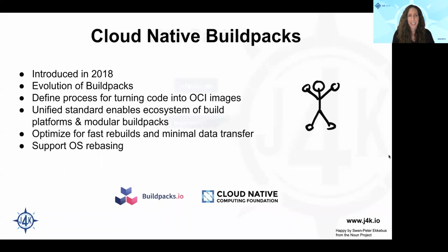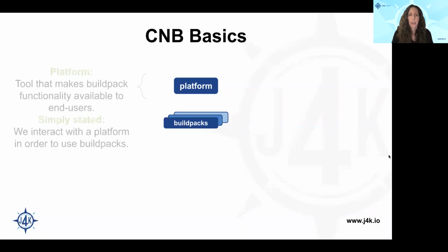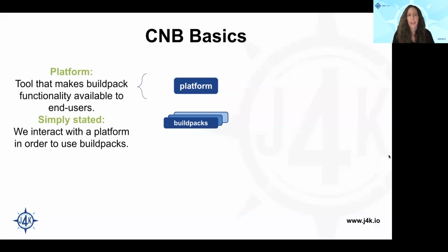So that's all pretty good. So let's go over some basics. There are two elements that you will be working with most directly if you are a Cloud Native Buildpacks user. Those are a platform and the buildpacks. The platform is the tool that you're using, right? It could be a CLI, it could be a service running on Kubernetes, it could be a Maven or Gradle plugin, whatever the form is.